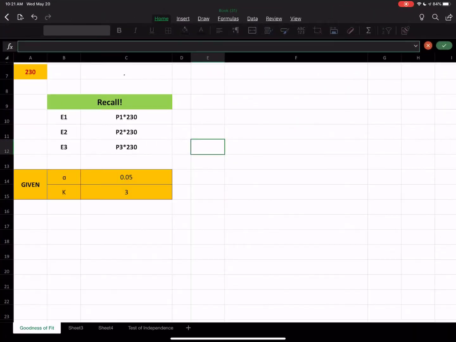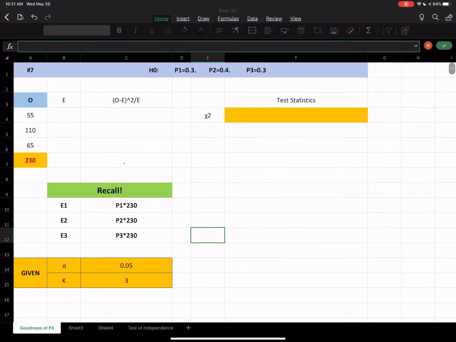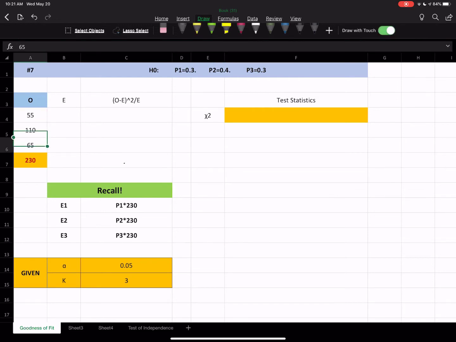Let me bring this up, and I've outlined it here for you. So it's number 7. My H0 is P1 = 0.3, P2 = 0.4, P3 = 0.3. I need those so I can calculate my expected frequencies. I've already entered my O's.